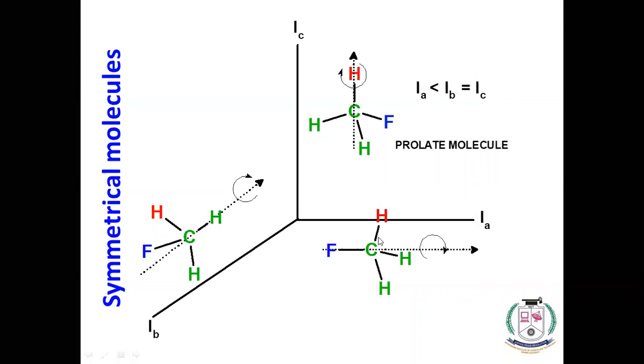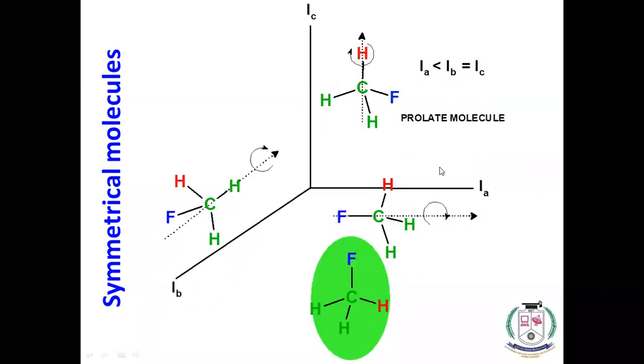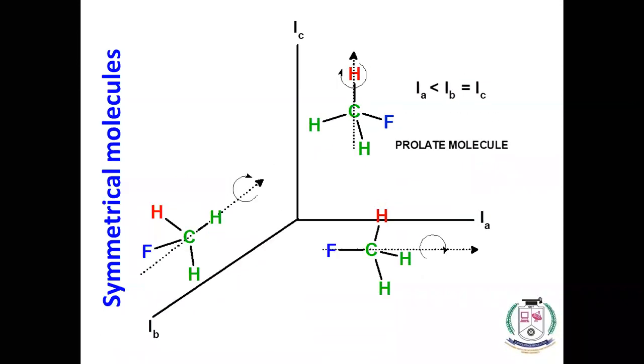If the axis is going through carbon and fluorine, what happens? It will have a moment of inertia, definitely. And the axis going through carbon and hydrogen, that is the Ic. In order to distinguish these hydrogens, we have given different colors.